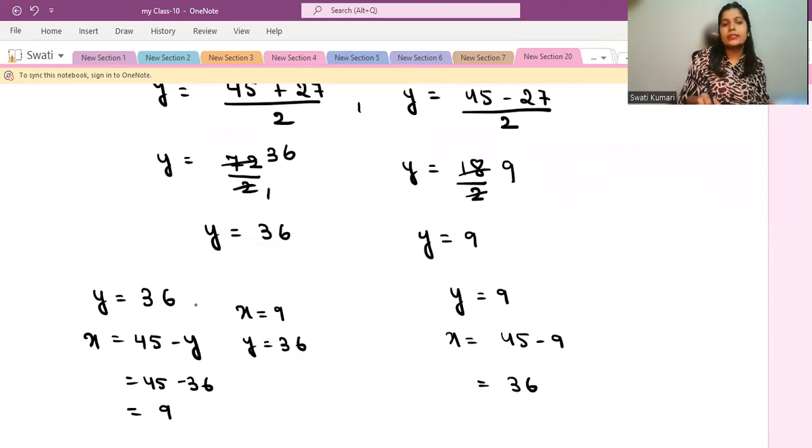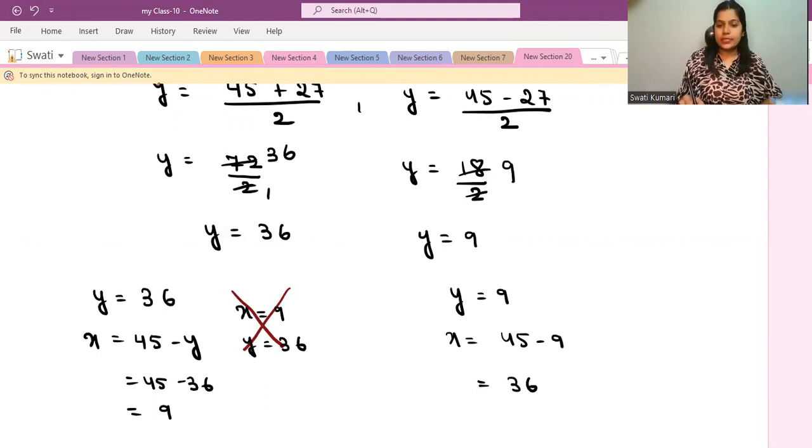Do you think that this answer is possible? This answer is not possible. Now you must be wondering how I understood that this answer is not possible, because I had taken x to be the father's age and y to be the son's age. Is it possible that the father's age is lesser than the son's age? No, that is not possible. So therefore this answer you don't have to consider.